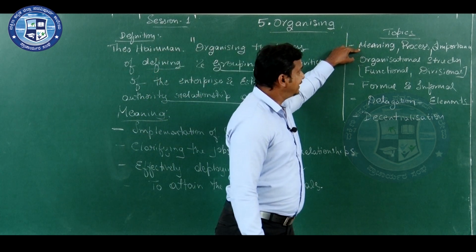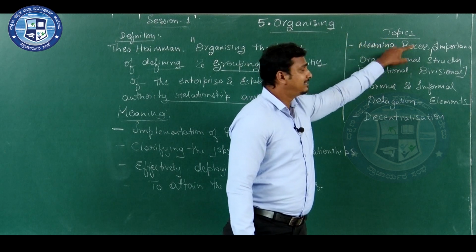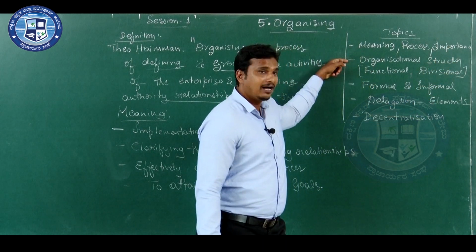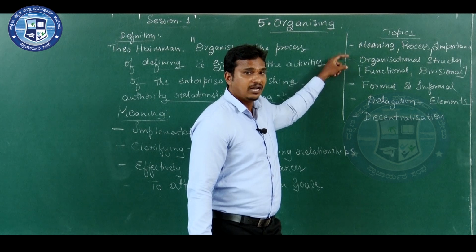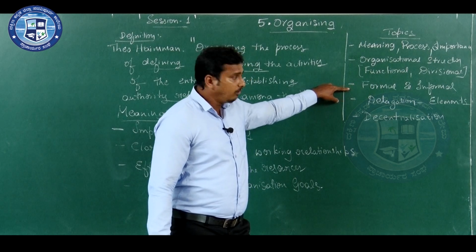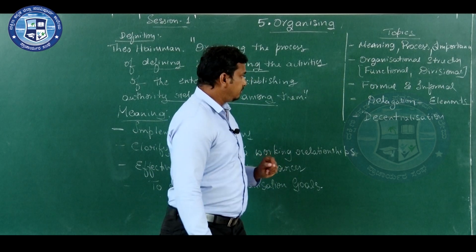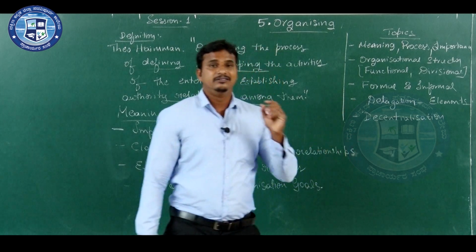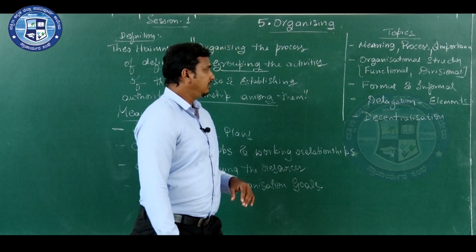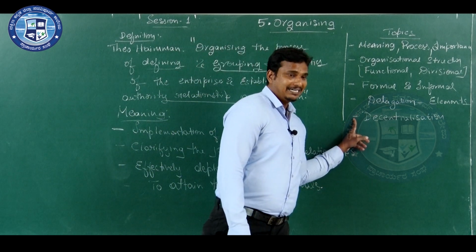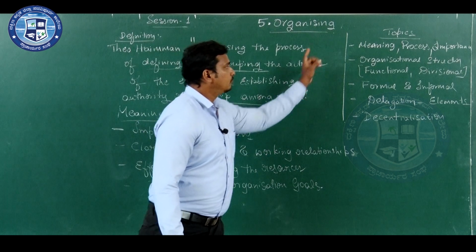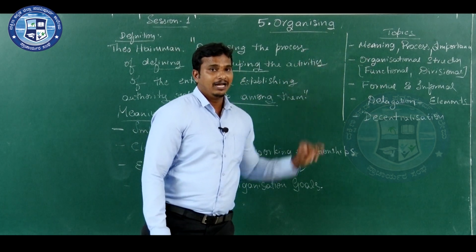First one, the meaning and the definition of organizing, steps in the organizing process, the importance of organizing, then comes the organizational structure, under that functional and divisional structure, then formal and informal structure, delegation, the meaning of delegation and the elements of delegation, then the importance of delegation also will be covered, then decentralization and the importance of decentralization. So, these are the topics to be covered in this particular chapter.